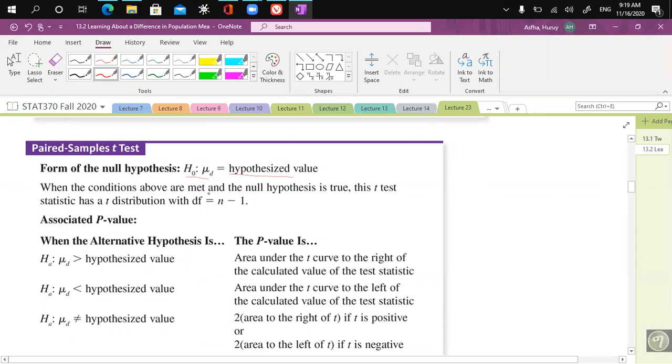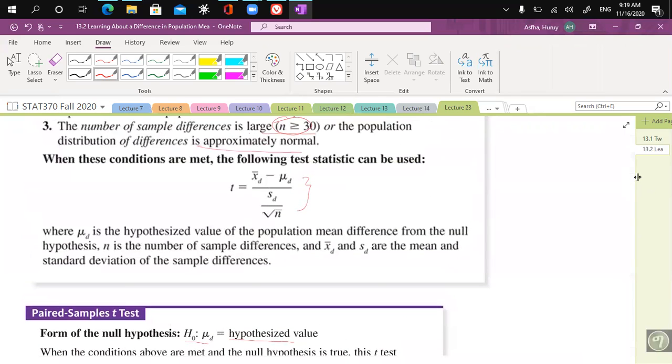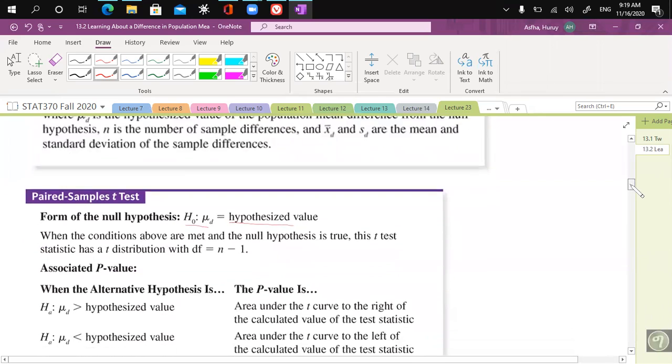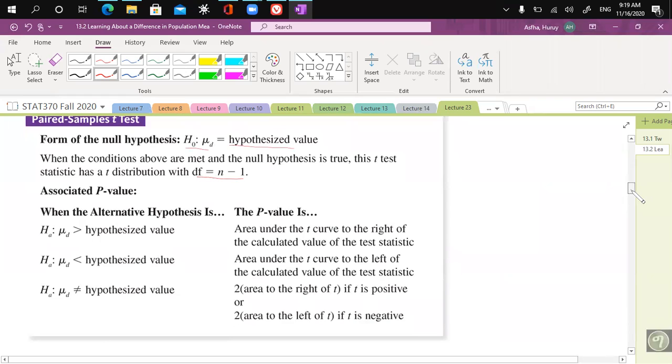And when the three conditions above are met and this null hypothesis is true, the test statistic follows a t-distribution with n minus 1 degrees of freedom, just like the one sample t-test, exactly the same.